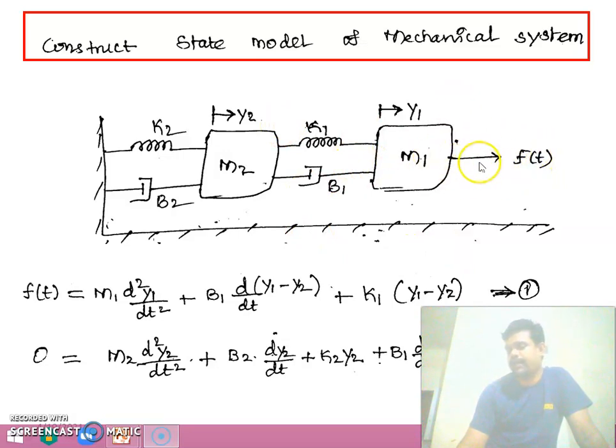Here you are applying a force in the mass M1, so it is equal to F of t. So we have written the differential equation for this mass M1.